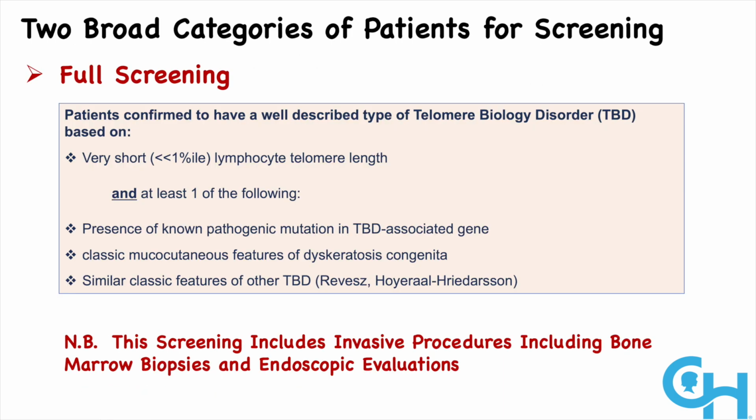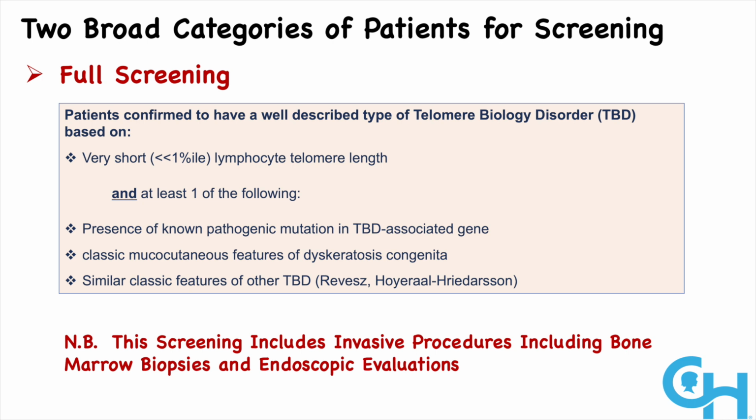The first is patients who we thought would require the full screening. And by full screening, this means it includes some of the more invasive procedures that we do to check for disease complications, and examples of those are things like bone marrow biopsies and endoscopic evaluations.